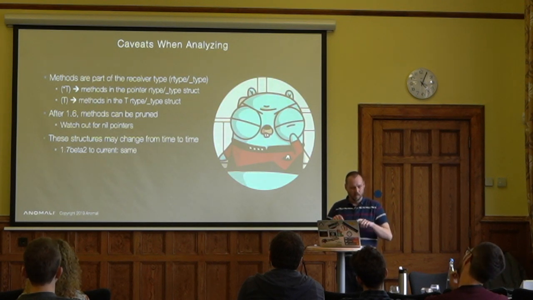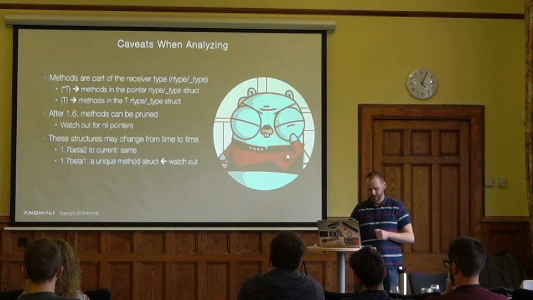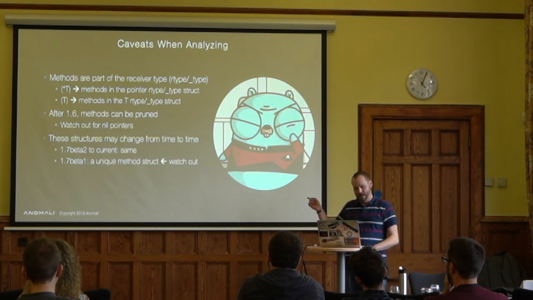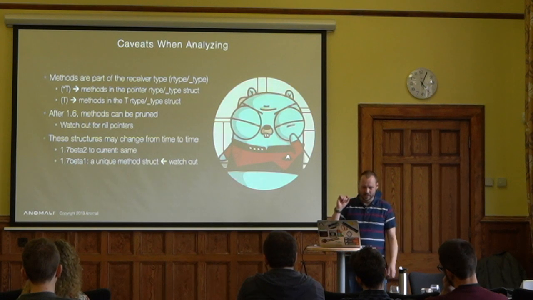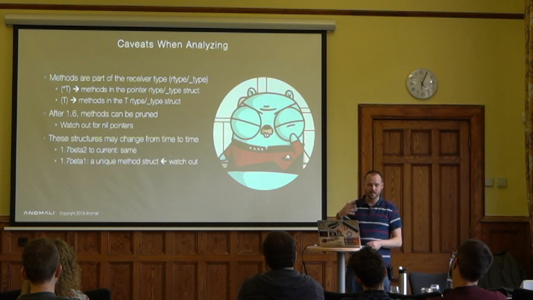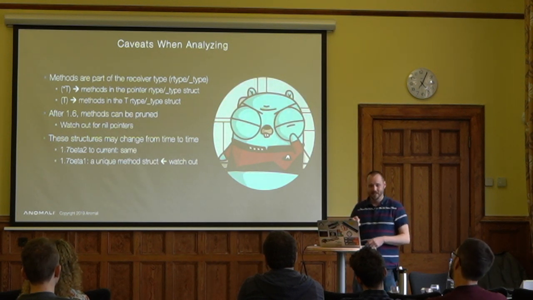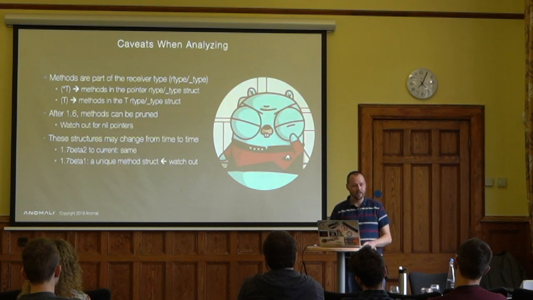Luckily, everything from 1.7 beta 2 until now is basically consistent. Interestingly, that version has the method struct with int 32s instead of int 16s. If you miss that, you throw your parsing off completely and you start trawling down something else.